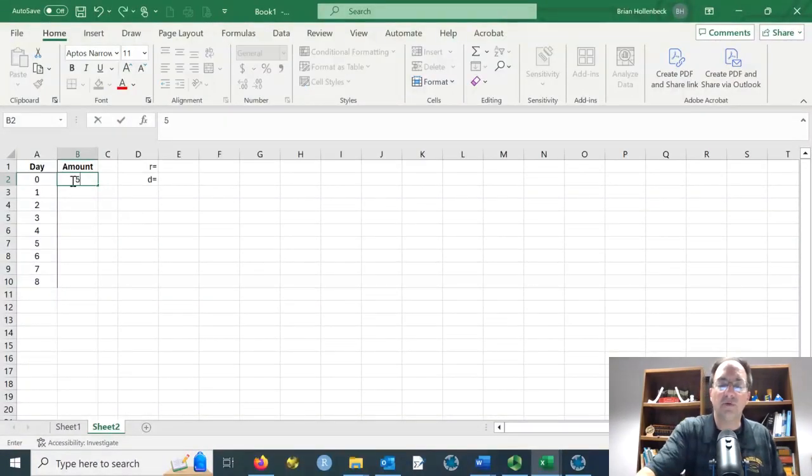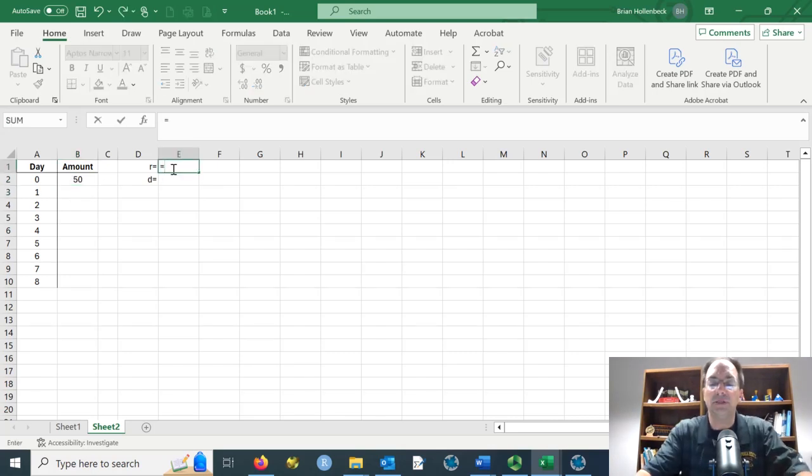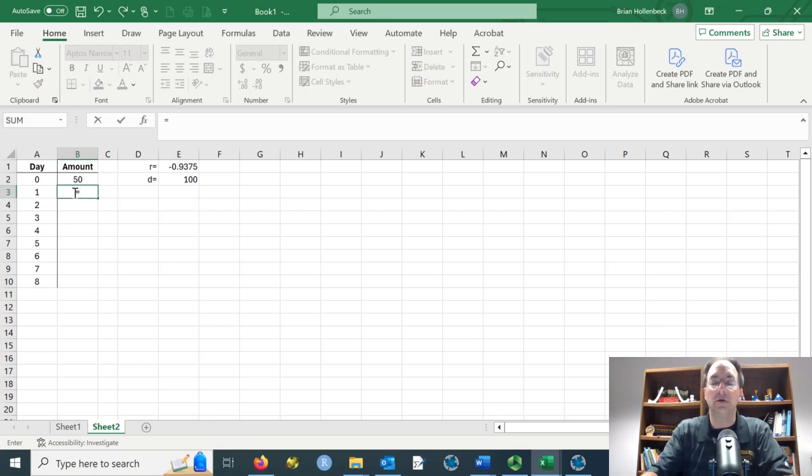And as you recall, we started with 50 milligrams. And our R was, as you might recall, 0.5 to the fourth power minus 1. And our D was 100. And our model was basically the initial amount plus this times the initial amount plus our maintenance dosage.